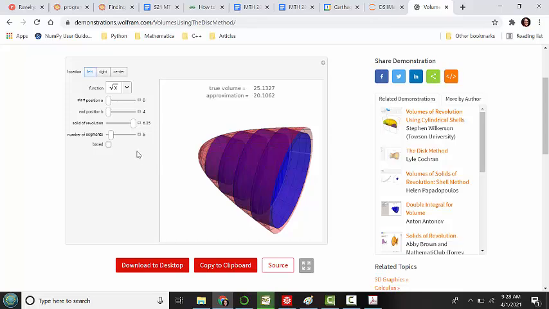And just as it was when we put rectangles underneath our curve, the more and more segments or cylinders that we add to this process, the closer and closer the approximation becomes, to the point where you can see very little difference between your blue cylinders and your red surface.